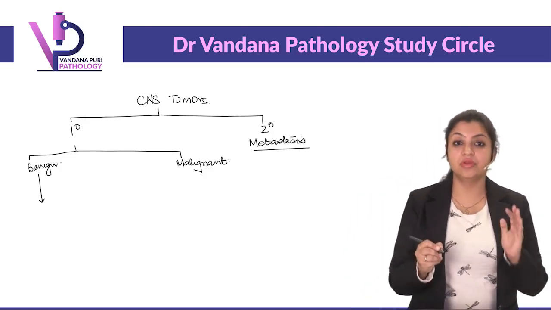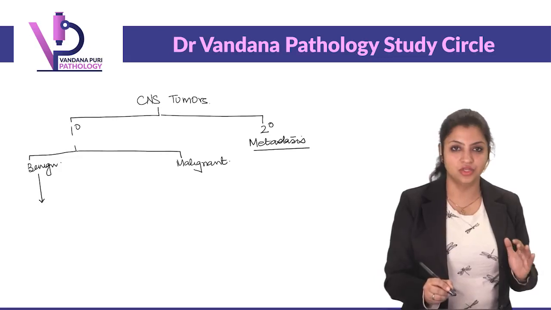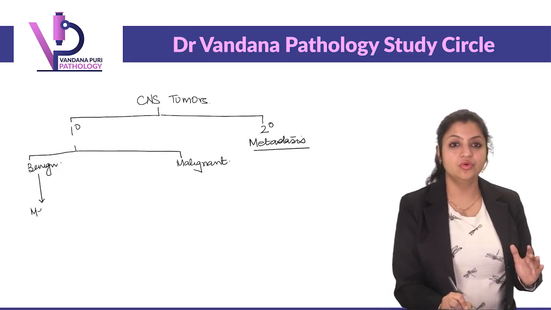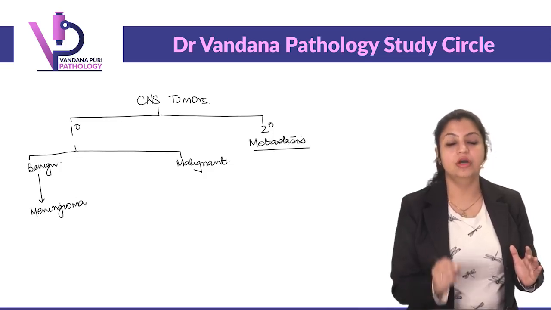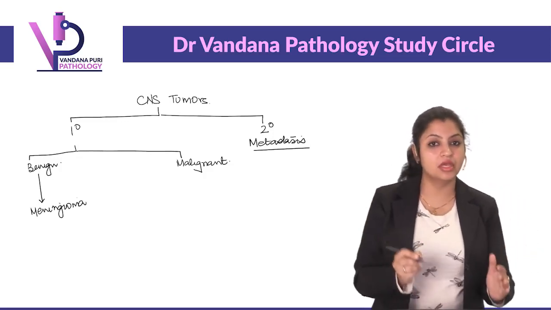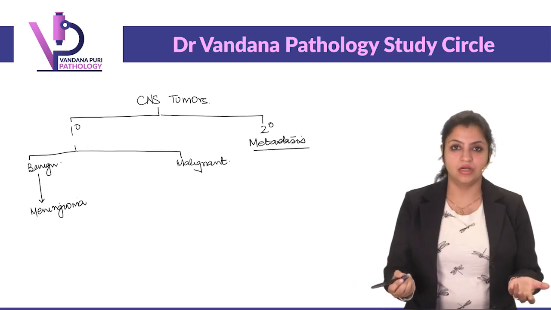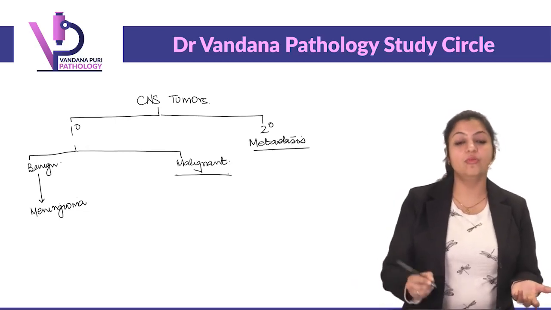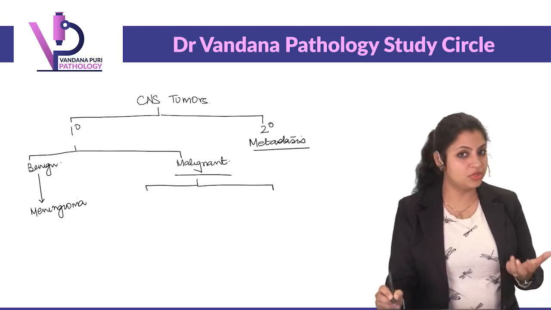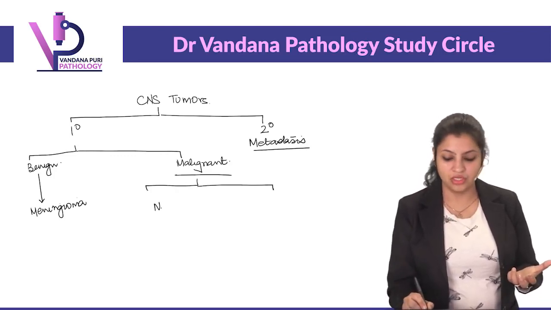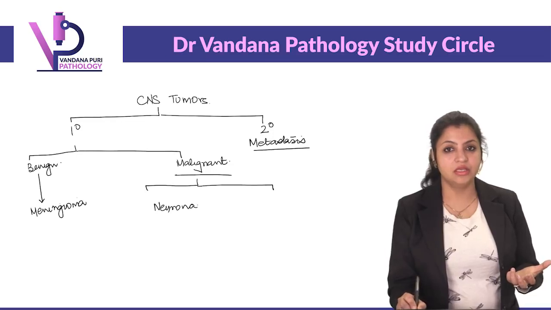Benign tumors in the brain are more common than malignant tumors, and the most common benign tumor of the brain is meningioma. Whereas malignant tumors of the brain, as you have just seen, can be neuronal or glial.